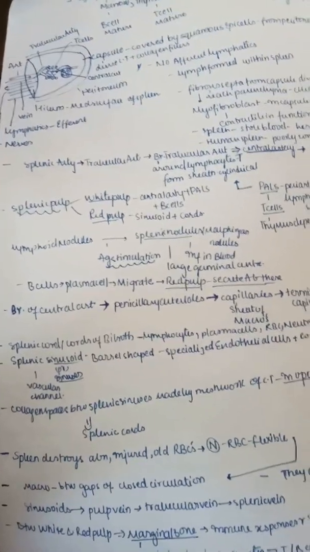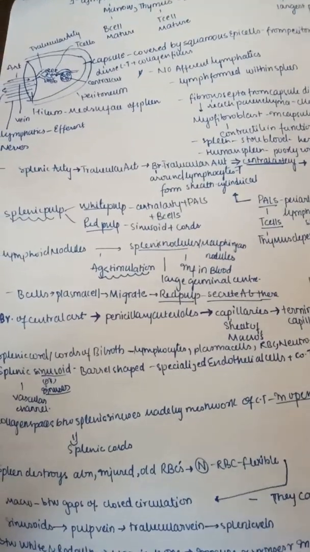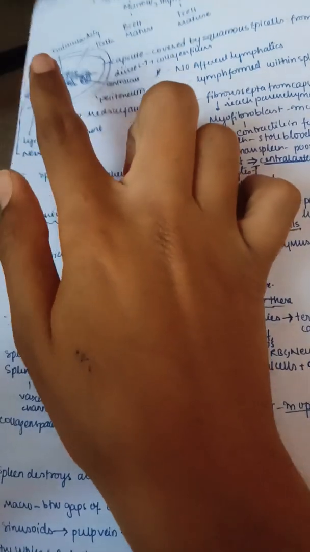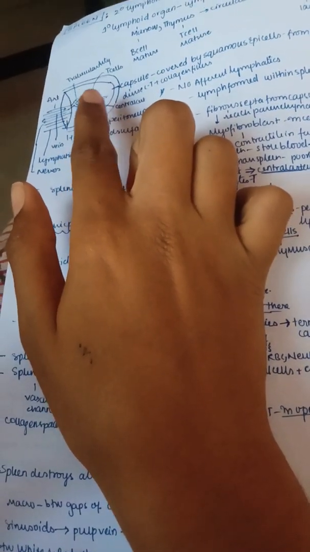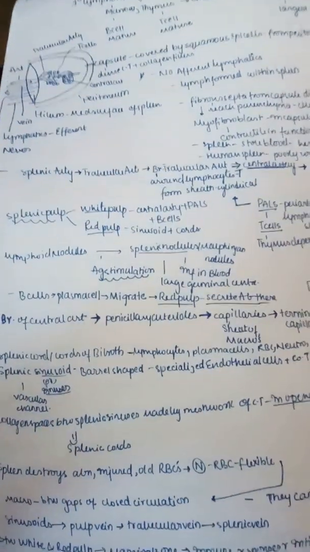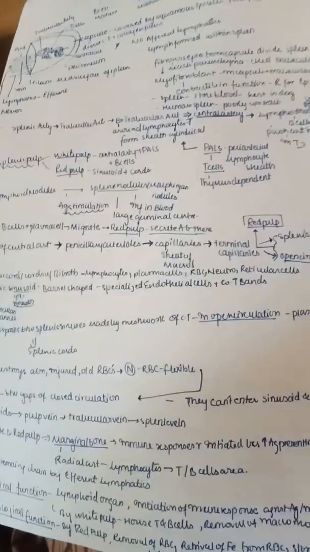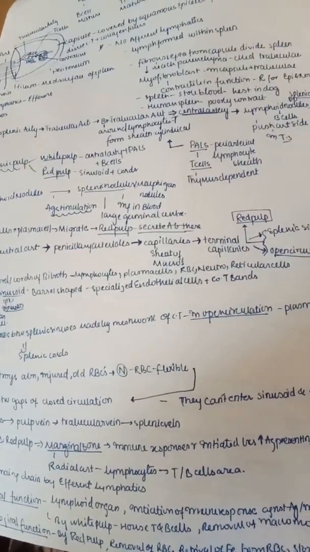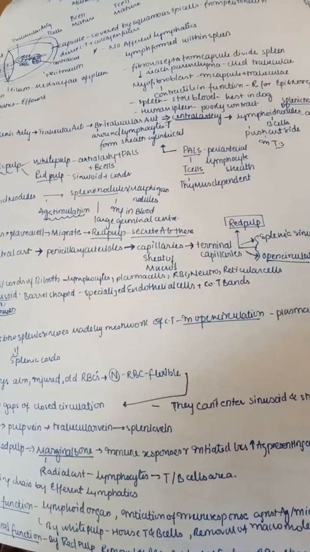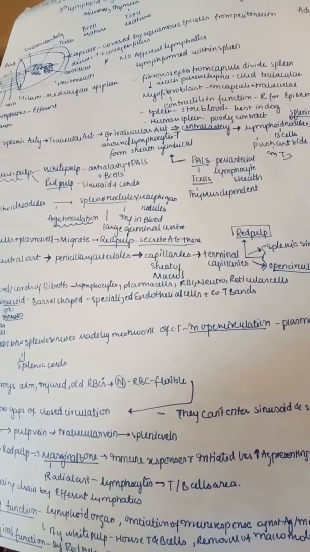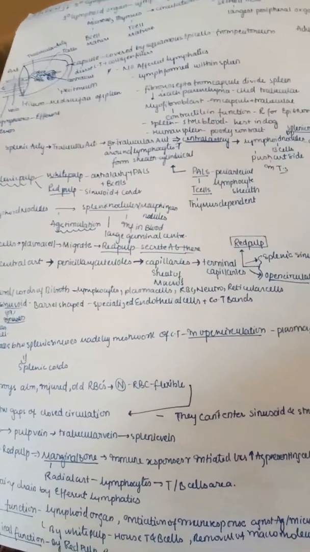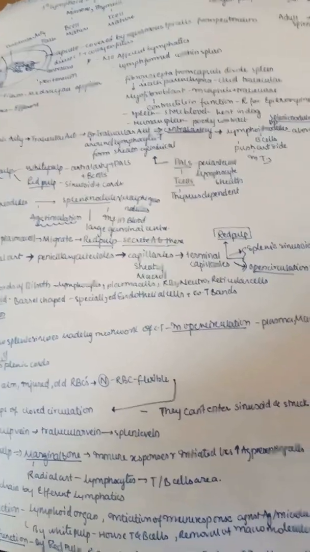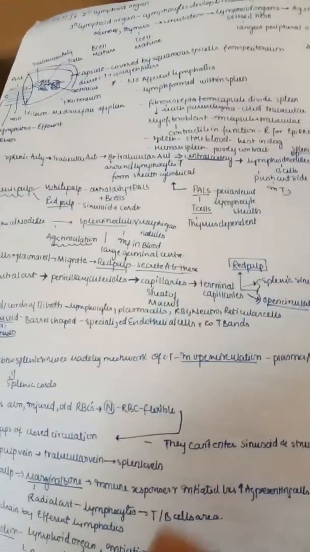The branches of the central artery are the penicillar arterioles. First this is the trabecular artery, next the central artery, which continues as penicillar arterioles, and next they convert into capillaries. Around those capillaries there are sheaths of macrophages, and they finally convert into terminal capillaries.